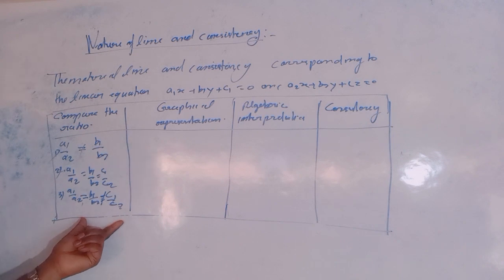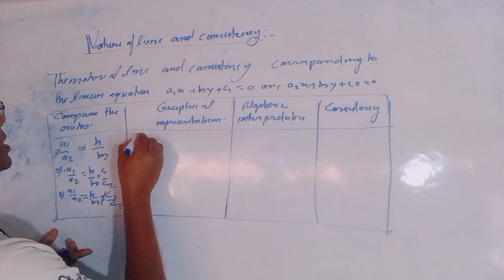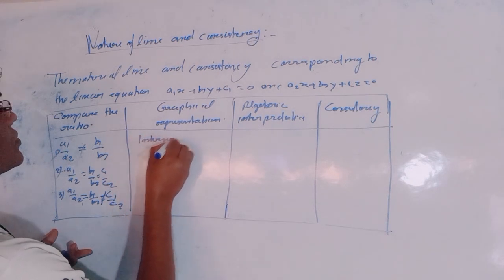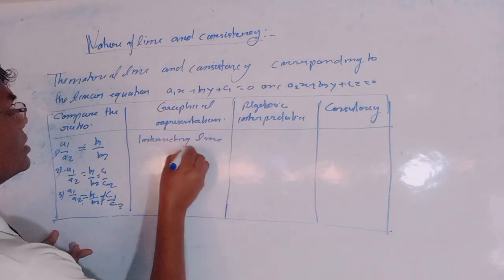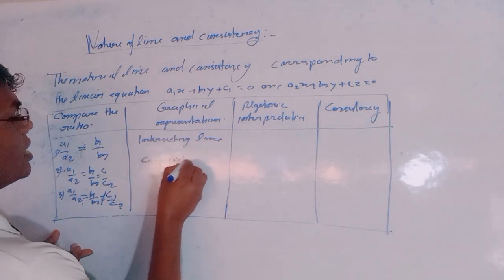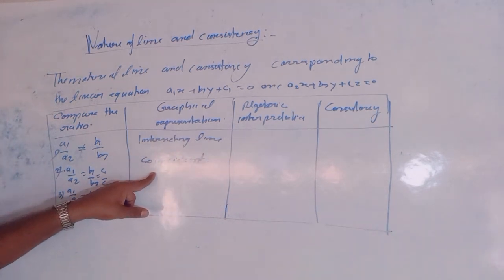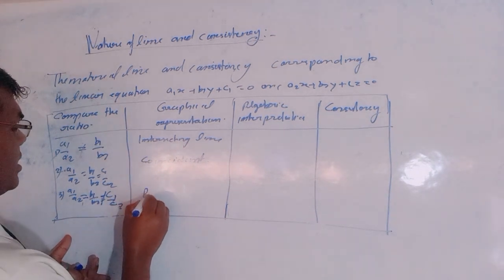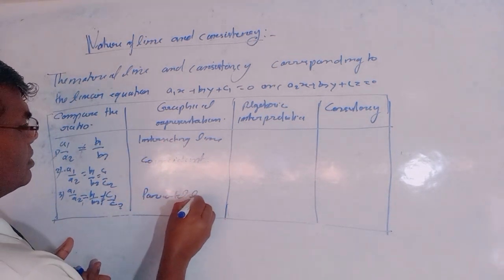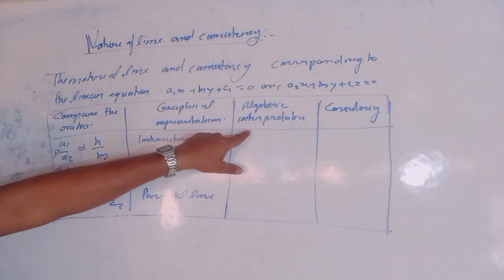So the nature of these: intersecting lines, coincident lines, and third, parallel lines. Now algebraic interpretations.